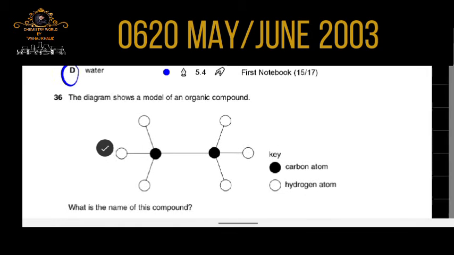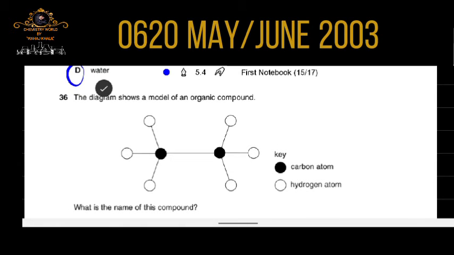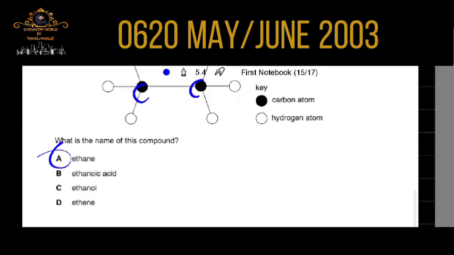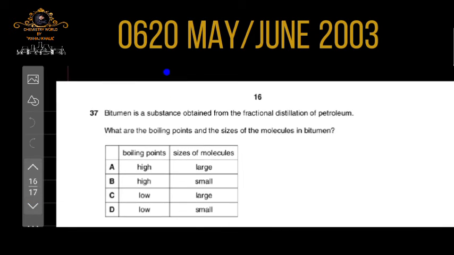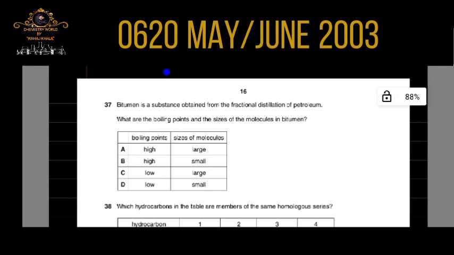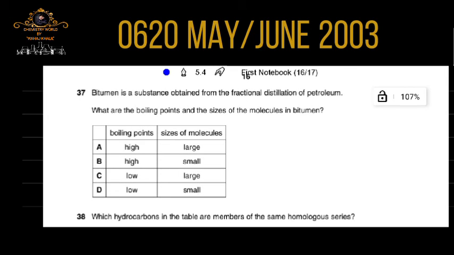The diagram shows a model of an organic compound. What is the name? It is carbon, and 1, 2, 3, 4, 5, 6 atoms, so it is ethane. Option number A. Bitumen is a substance obtained from the fractional distillation of petroleum.